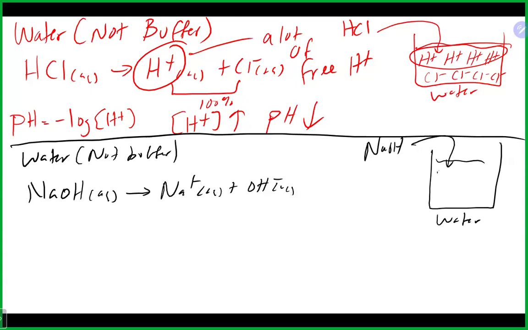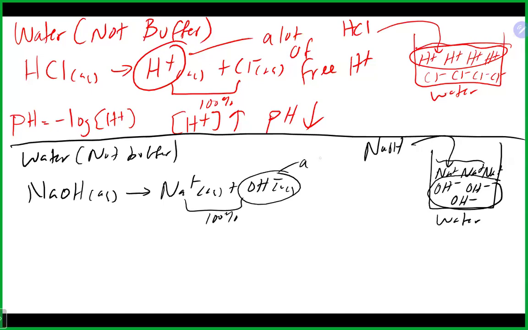That means in this solution you're going to have a lot of sodium ions floating around, which is not that big of a deal. But what is a really big deal is you are going to have a lot of free floating hydroxide ions, a lot of free OH minus, floating around in the solution.